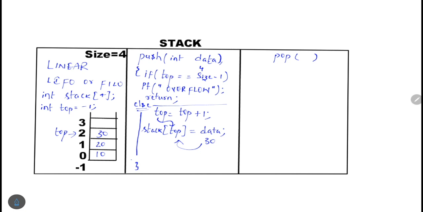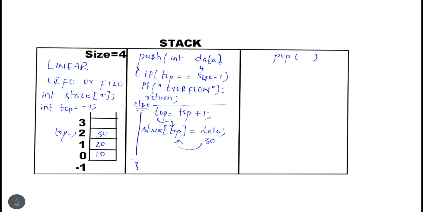We can only remove the topmost data element, because I already told you we are going to perform operations on the topmost available. What does top indicate? Top is a variable pointing to the last, topmost index position. Upon that particular position only, we can perform any operation by manipulating top.